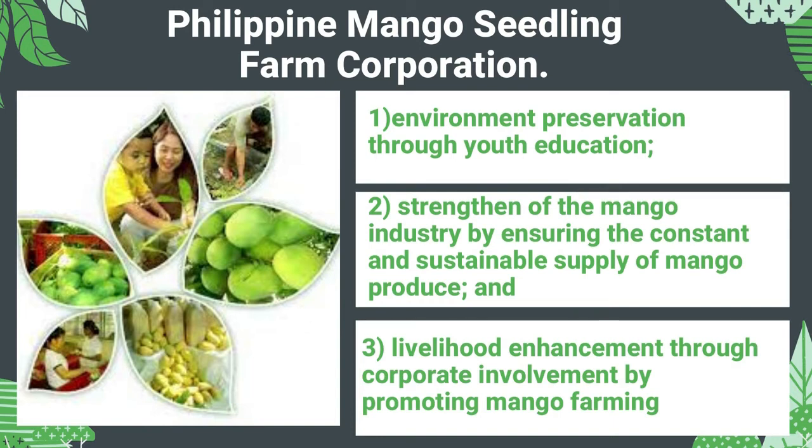One is environment preservation through youth education. Number two is strengthening of the mango industry by ensuring the constant and sustainable supply of mango produce, and livelihood enhancement through corporate involvement by promoting mango farming.